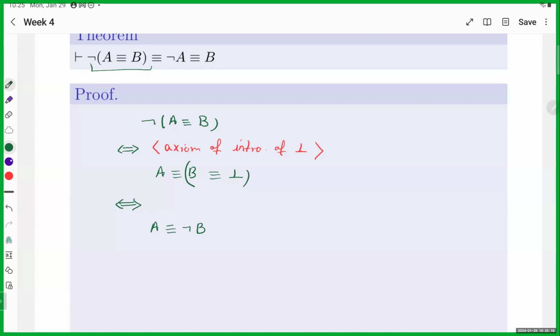In fact, in the annotation, you should write Leibniz, which I'm denoting by this, where we applied it to the axiom that we know. Again, here you write just a template of the axiom, right? It doesn't have to be P, or you just write axiom of introduction of bottom again.